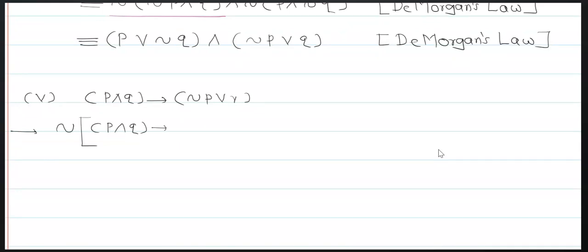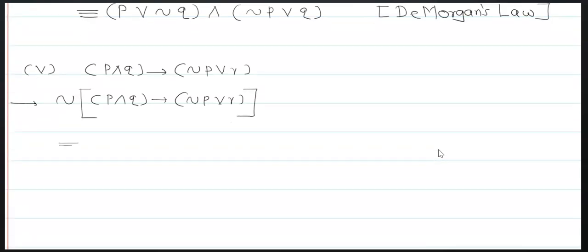Negation of P and Q implies negation of P or R is equivalent to P and Q and negation of the second statement, that is the negation of P or Q. Again, this is De Morgan's law.